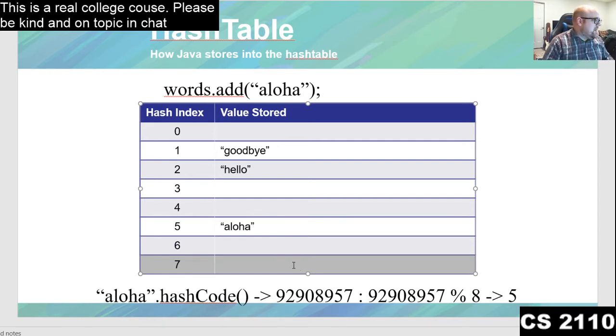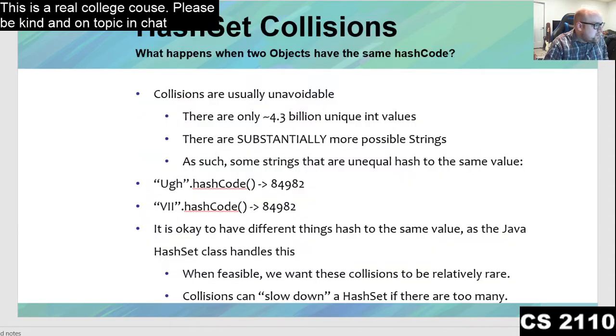Now the question that's being asked is completely valid. What happens if two things hash to the same value? This is called a hash set collision. And this is unavoidable. You cannot, in almost any practical situation, avoid hash set collisions.